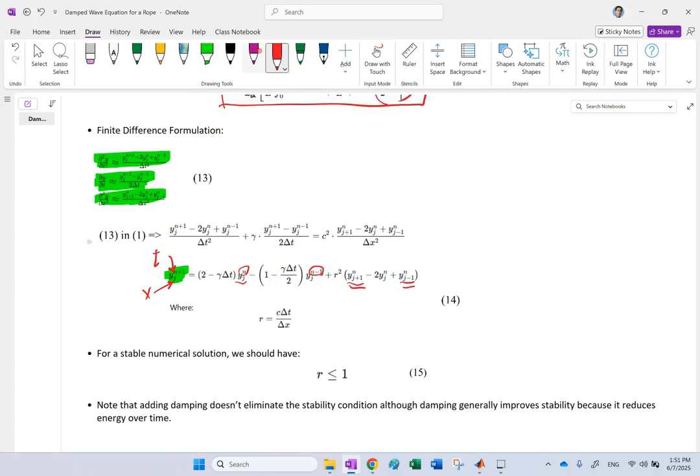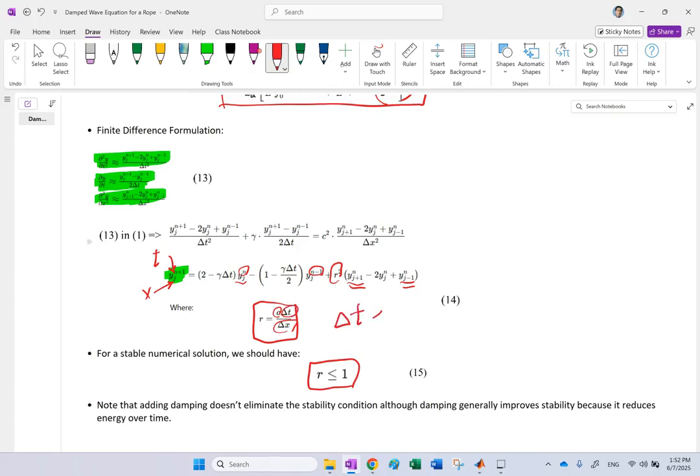And of course you have this scalar r squared, where r is c delta t over delta x, and clearly this one is unitless. If you want a stable solution, this r has to be less than 1. If it is less than 1, then for a specific delta x and c, you pick a specific delta t, and you're good.